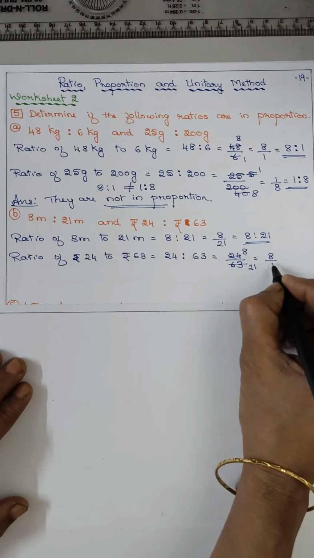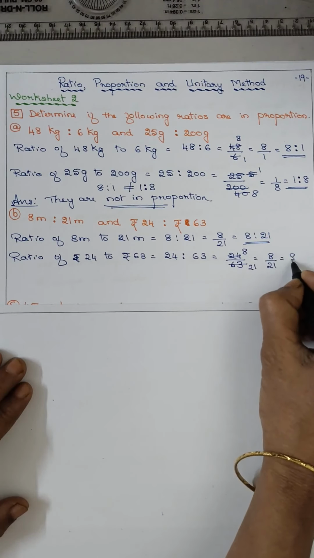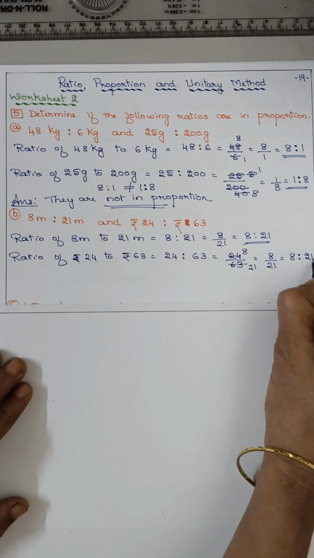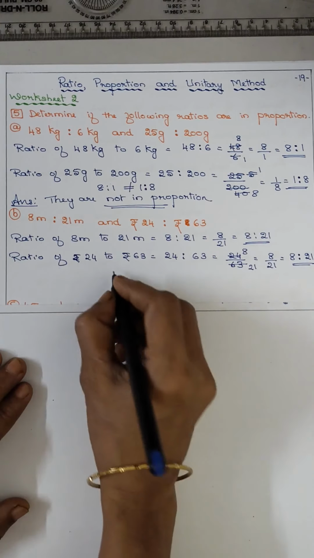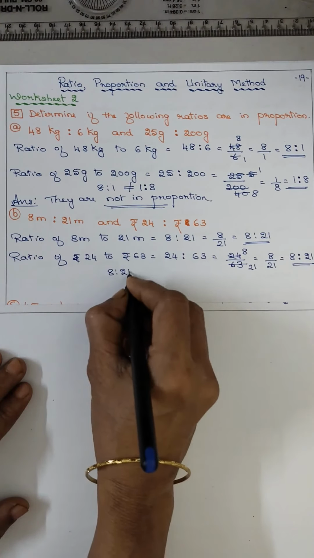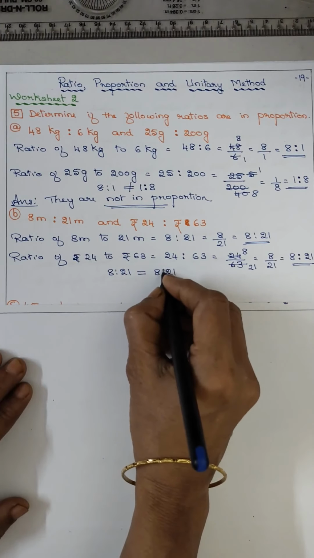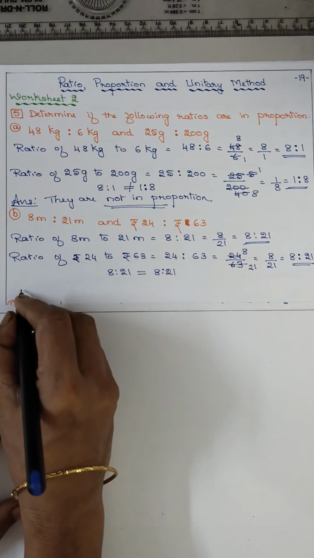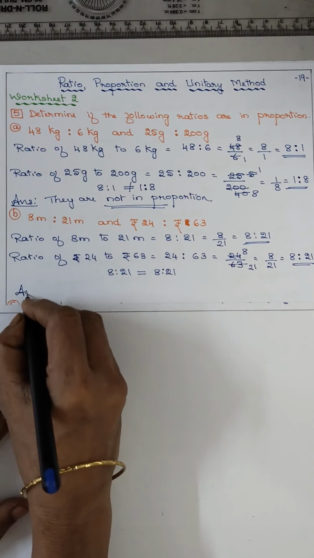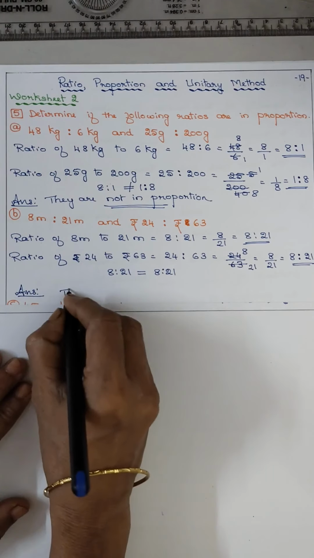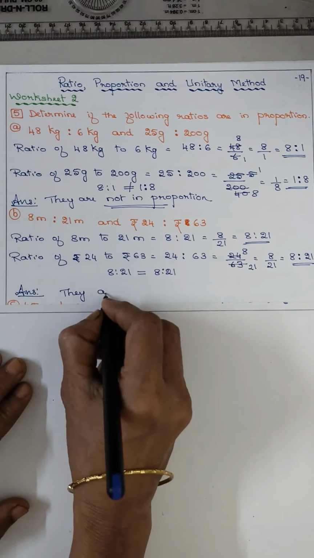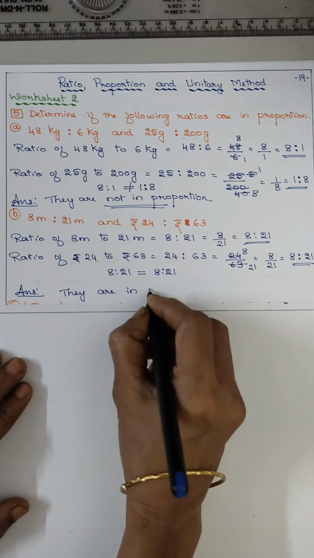So 8 by 21, so 8 is to 21. Same came, 8 is to 21 is equal to 8 is to 21. Therefore answer: they are in proportion.